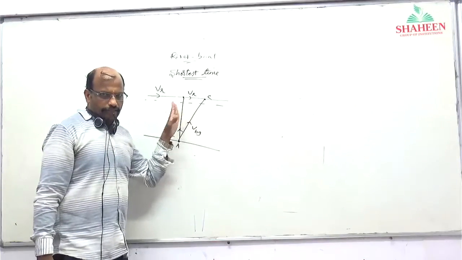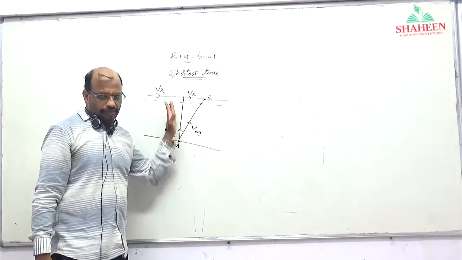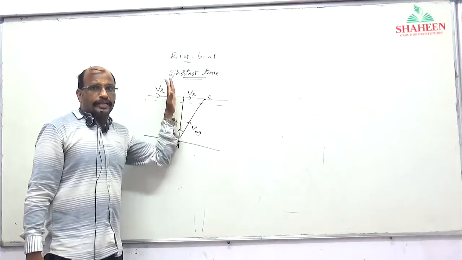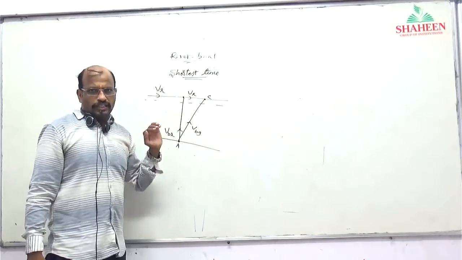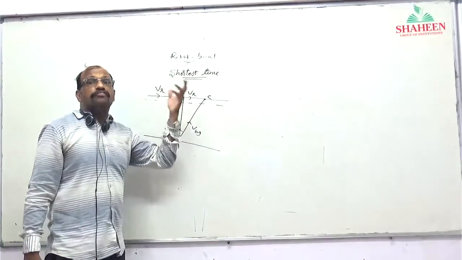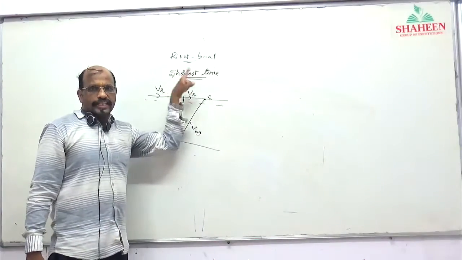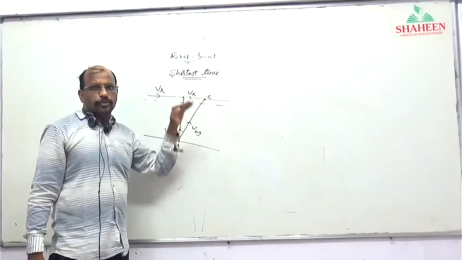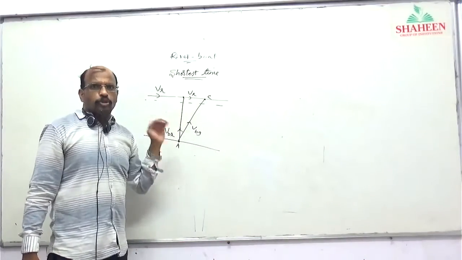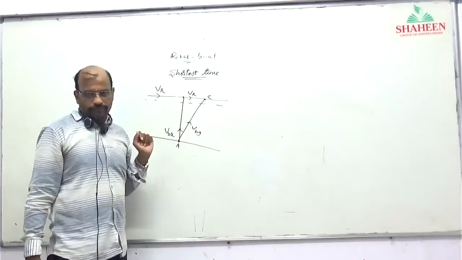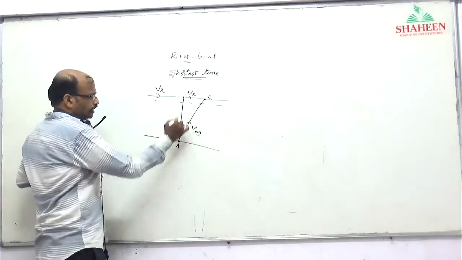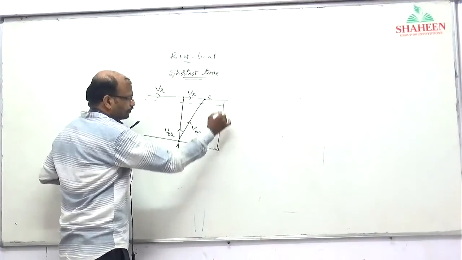Here I am not resolving any component for VBR. VBR is moving perpendicular to the river flow. Then only will reach opposite side very fast. Shortest time में आपको पहुंचना है, boatman को पहुंचना है A point से opposite shore. So VBR in this direction, width of the river is given as d.